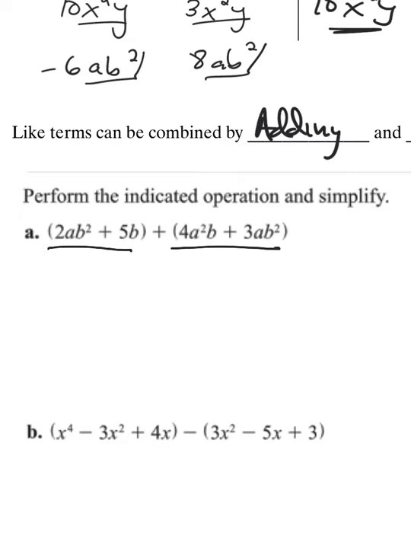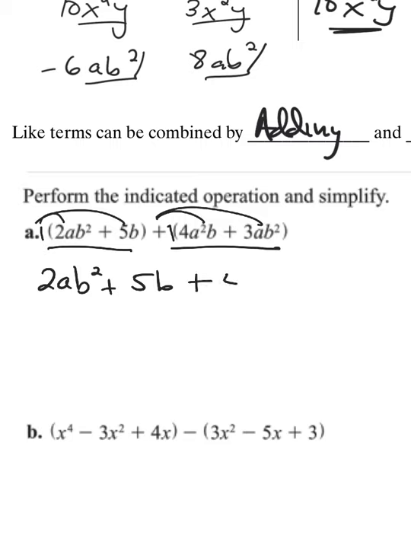Anytime you have a set of parentheses and you're not sure what to do with it, you can put a 1 in front and distribute whatever is in front to get rid of the parentheses. In this case, anything multiplied by 1 is itself. So I can actually write this out without the parentheses. And then I'm going to identify what terms are like terms.